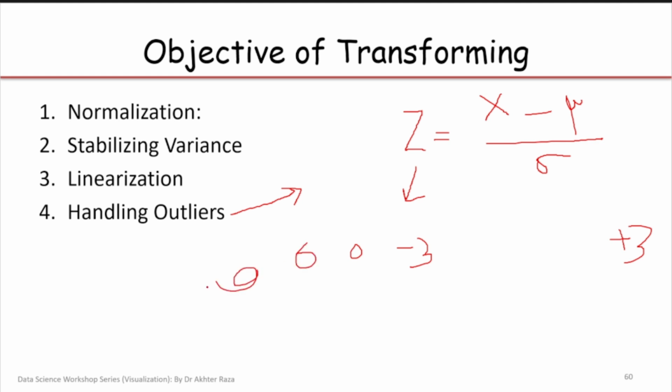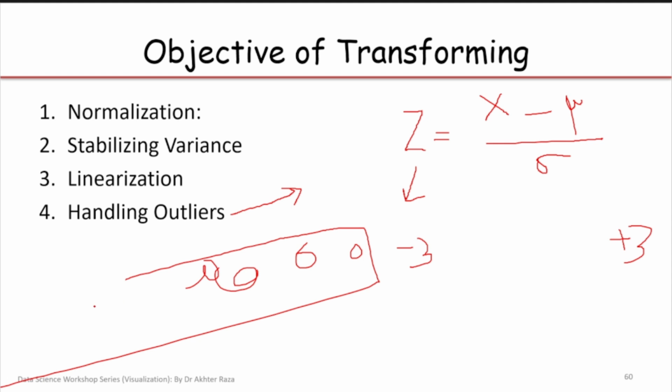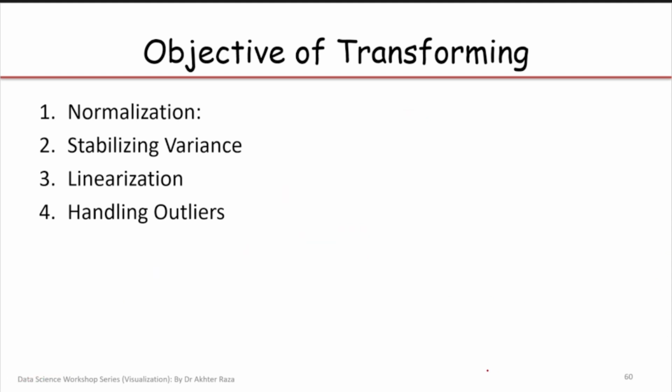So these outliers can be removed. All of the z values below -3 and above +3 can be eliminated from the data. This is called z-score transformation, identifying the z-scores of the variable. The next element is assumptions.